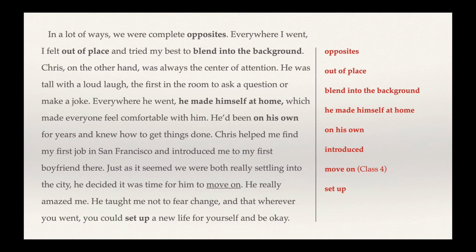And then finally it says, just as it seemed we were both really settling into the city, he decided it was time for him to move on. If you settle into a place, that means you are getting comfortable there. And then when they were getting comfortable in the city, Chris decided to move on. Move on is a phrasal verb that we learned in class 4. If you can remember what that means, it is that you move forward or you move away. So he decided to leave the city.